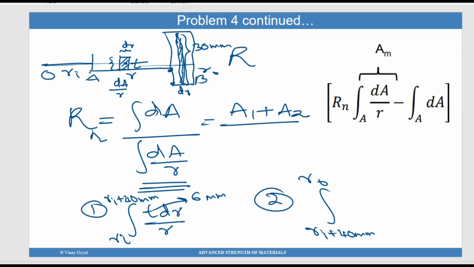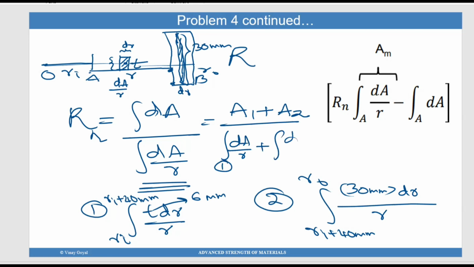I don't know if the values are correct, but something like that. So the small dA would be 30 millimeters into dr upon r, where r varies from Ri plus 40 millimeters to the outer radius Ro. So the denominator would be dA by r for the first rectangle plus dA by r for the second rectangle. Is it clear how I get the radius of the neutral axis?